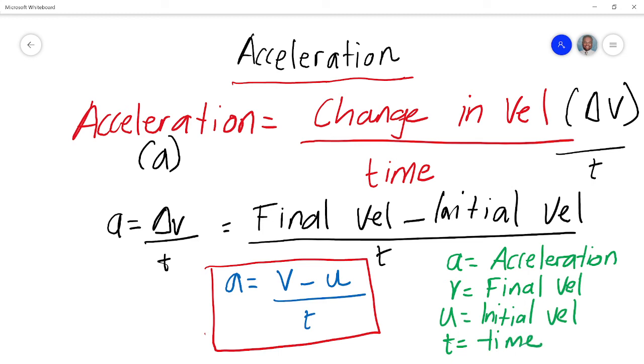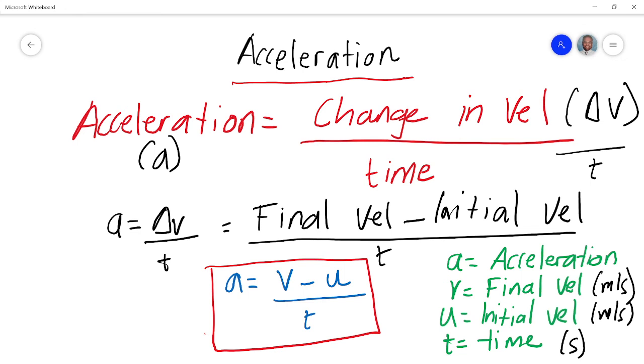Now I want to show you the unit used to calculate acceleration. Let's work through this. Final velocity is in meters per second, initial velocity is in meters per second, and time is in seconds. Before I tell you the answer, I want you to think.